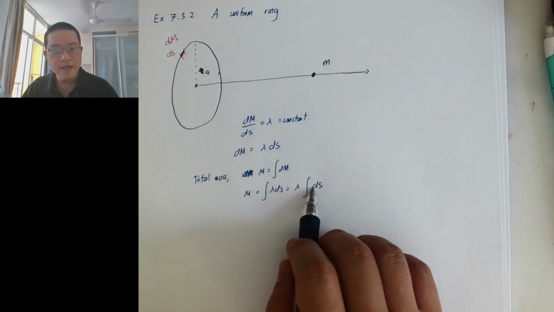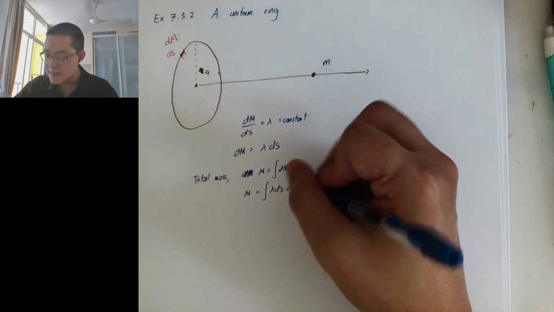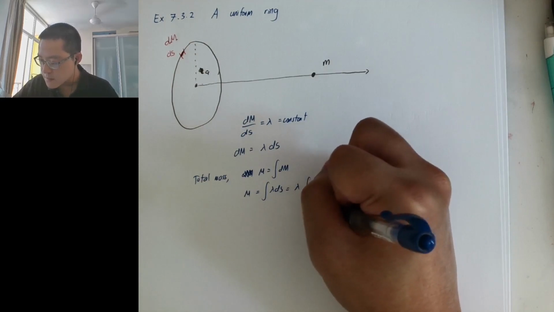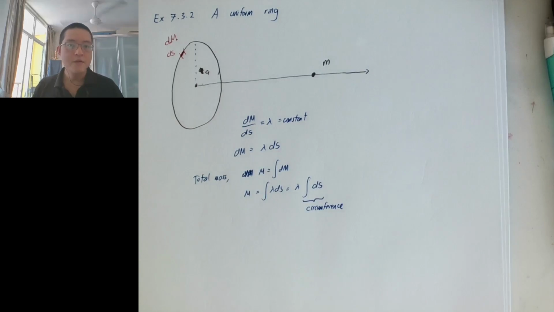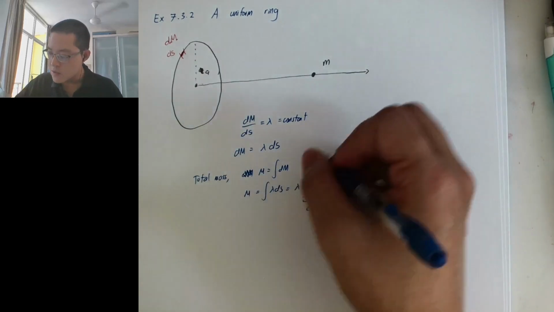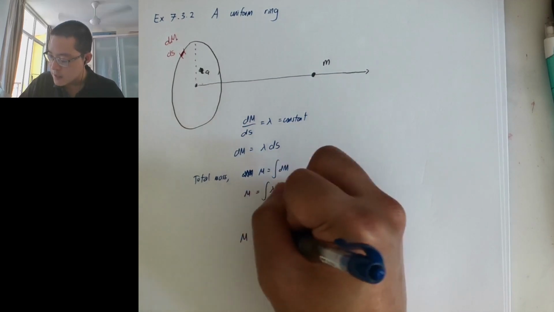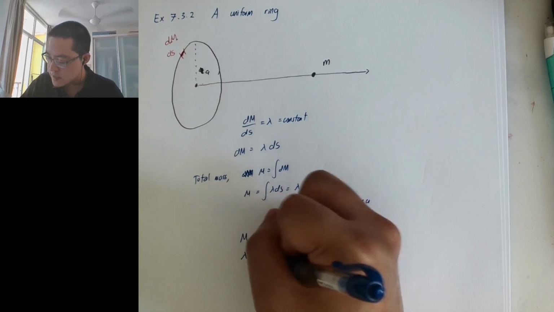I take it out, and then I'm integrating ds, which is just calculating the circumference. What is the circumference? 2 pi a. So my m equals lambda 2 pi a. Therefore my lambda is m over the circumference.